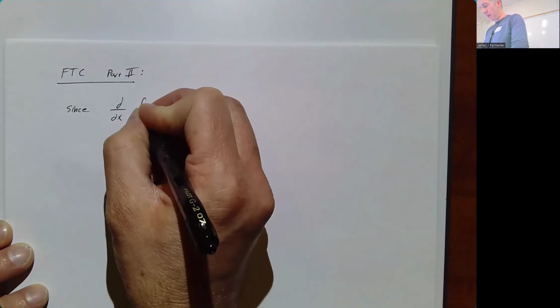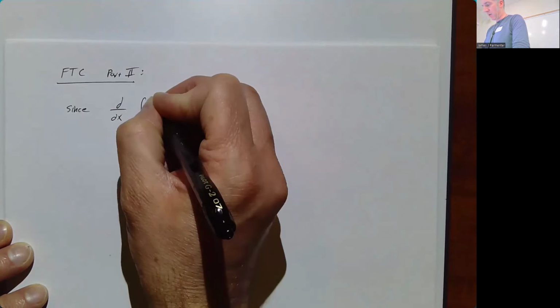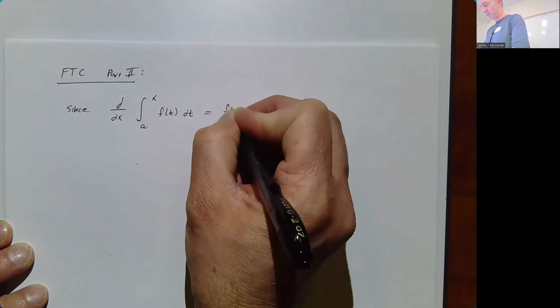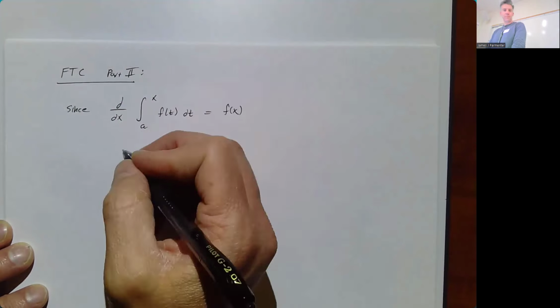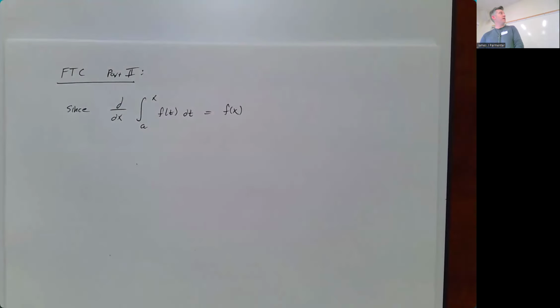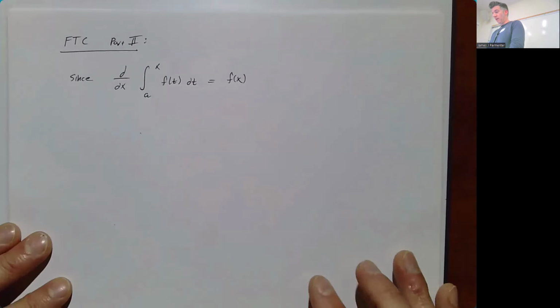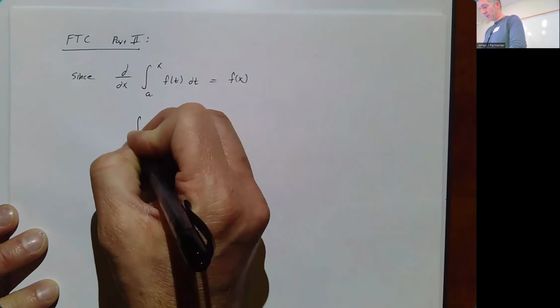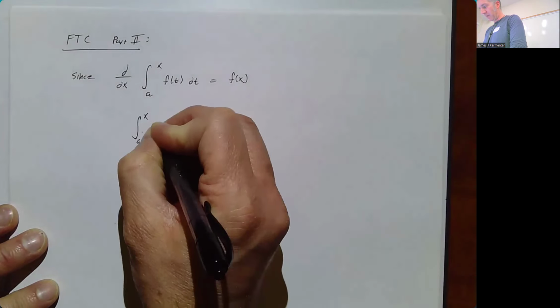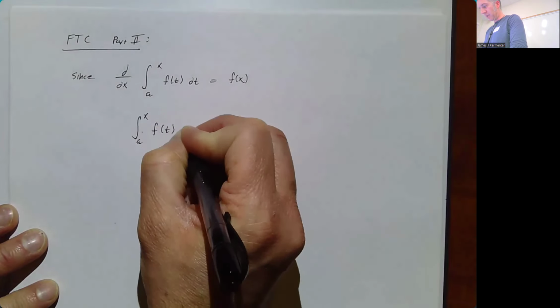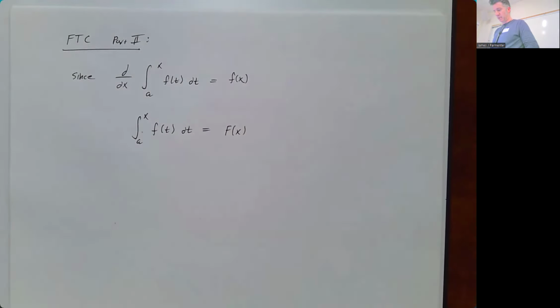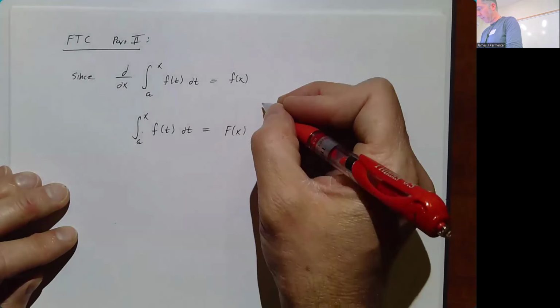Since the derivative of the integral from a to x of f of t dt is equal to f of x, that's just part 1. Then here's what we can say. If we anti-differentiate both sides, we can say that the integral from a to x of f of t dt is just equal to capital F of x, an antiderivative of little f.